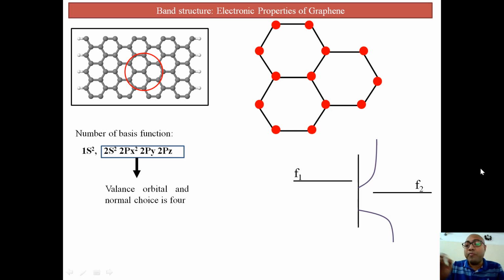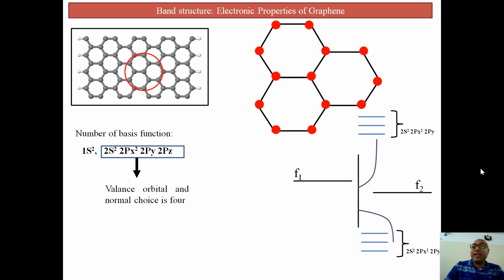And those people who did calculation taking 4 basis functions, they found the energy states are far away, like 2s, 2px, 2py. For these basis functions, the energy states are here, and they are actually coupled. No? So you get something up, something down.